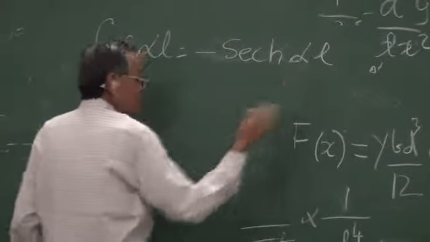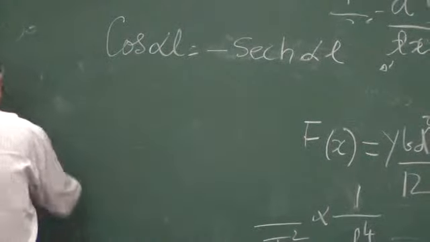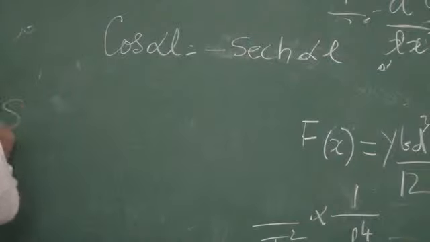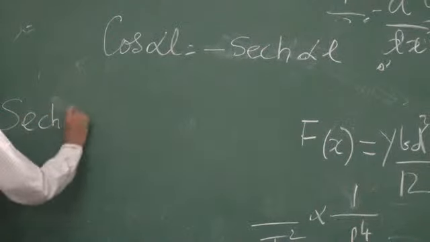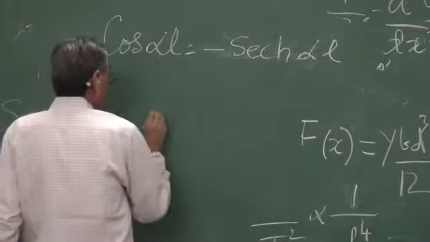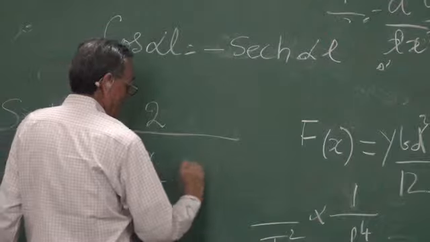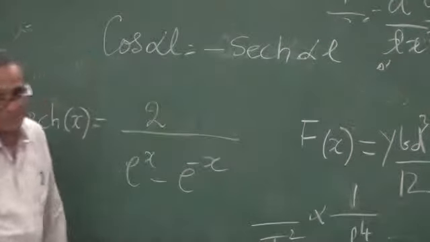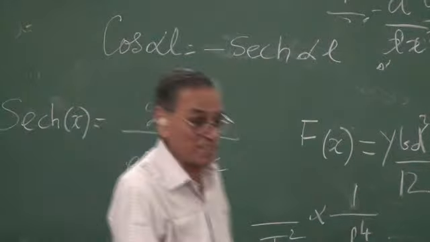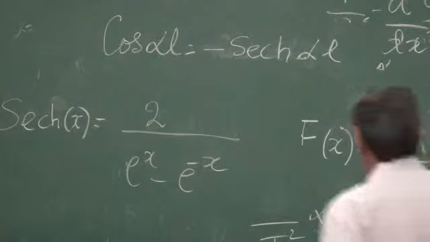If you have alpha L and you plot a graph, the sech of x is 1 by cosh x, therefore it is 2 by e power x plus e power minus x.